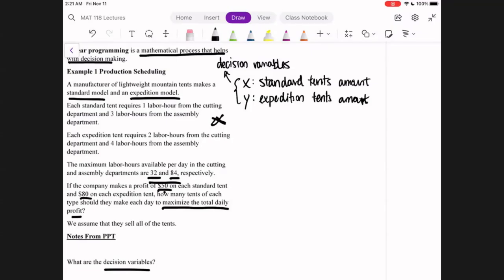A lot of values could work, but what I want is values that work and the best value that will maximize my profit, right? So we have our decision variables. Let's take these two things and create some equations from them, okay? I'm going to make my table.